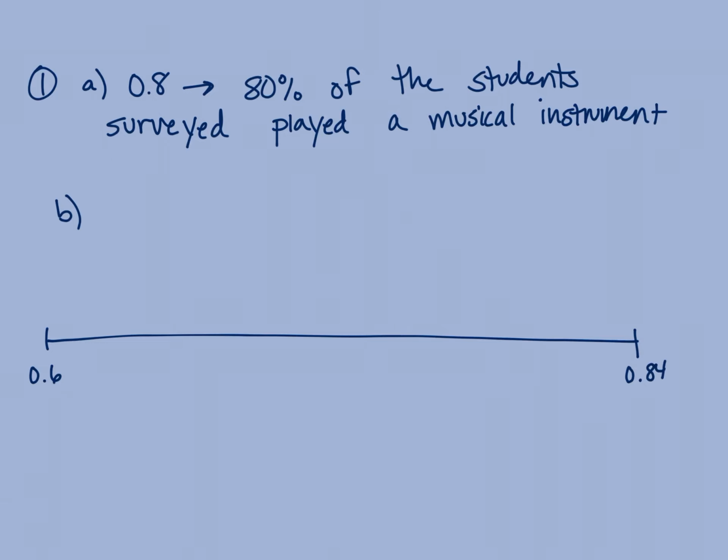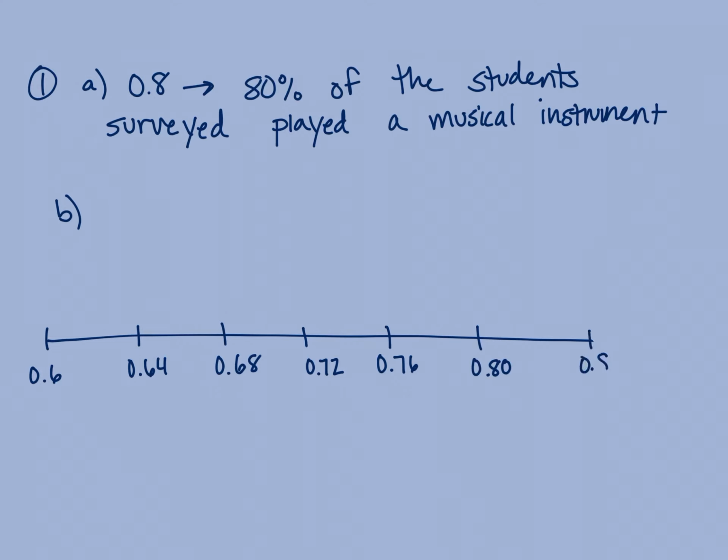We have 64, 68, 72, 76, and so on. Your job is to put a dot for each value in that list. Remember, if there is more than one, you're going to stack a dot on top.